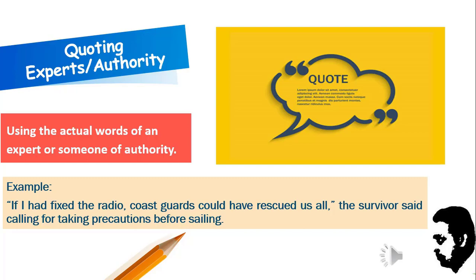So, here is a situation where there was only one survivor of a ship, and he said that if he had fixed the radio, the Coast Guards could have rescued them all. And this is a convincing way to call for taking precautions before sailing. I hope it's clear.